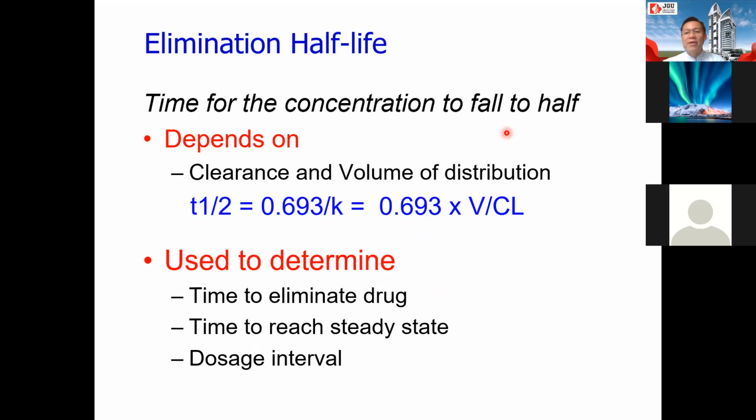Half-life, now you ask for half-life. Half-life is the time for the concentration to fall to half, and it depends on clearance and volume of distribution. Basically half-life is 0.693 divided by K. So what is the 0.693?